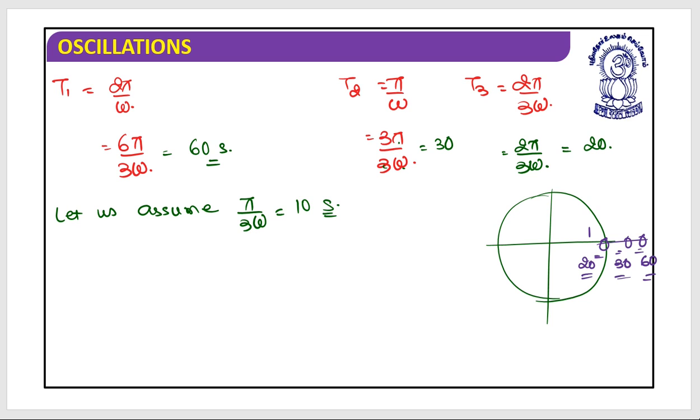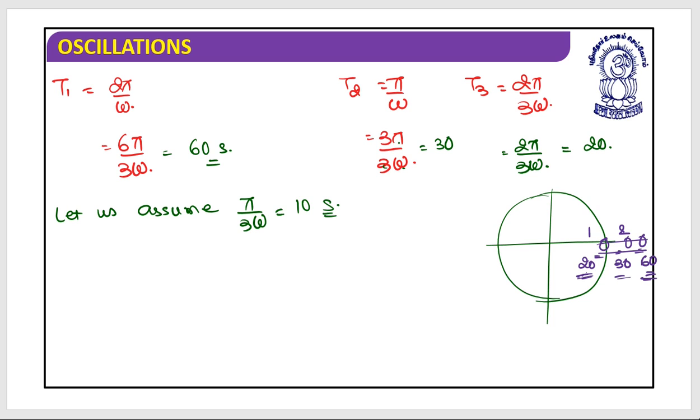This particle will be at this position after every 20 seconds: 20, 40, 60, 80, 100 onwards. This is particle number 2, which will be at this position after every 30 seconds: 30, 60, 90, 120 and onwards. This particle will be there after every 60 seconds: 60, 120, 180, 240, 300 and onwards. So when will they all be at the same position?